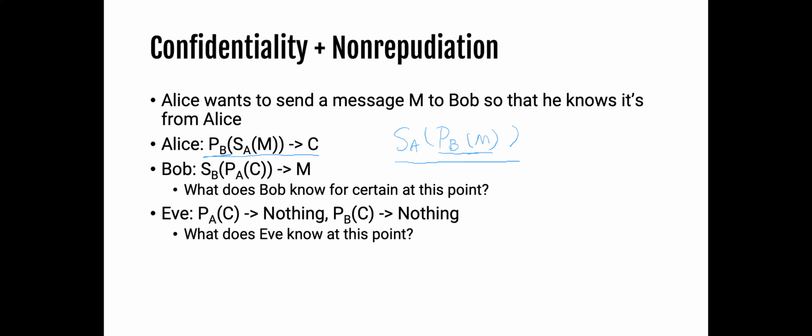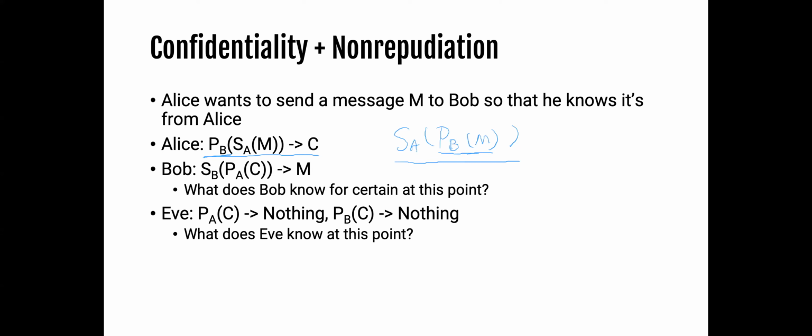And Michael says that's because Eve has PA, right? Exactly. So Eve can at least decrypt the first layer. And also Eve knows that this message comes from Alice. And from Bob's perspective, using Alice's public key, Bob also knows that this message comes from Alice, which is great.